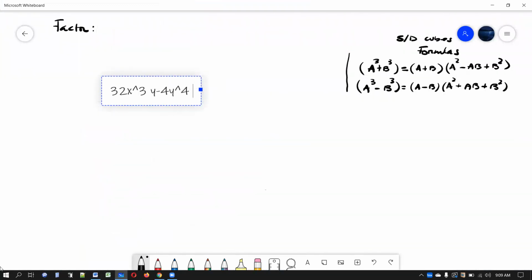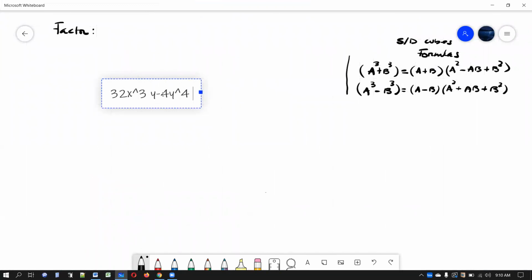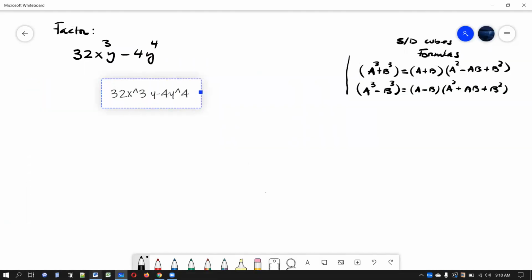All right. So the problem is, can I move this? I cannot move it. I'll write it here. 32x cubed y minus 4y to the 4th. All right, so let's check to see if I copy this thing correctly. 32x cubed y minus 4y to the 4th. Yes, it's okay. I'm going to delete this now.